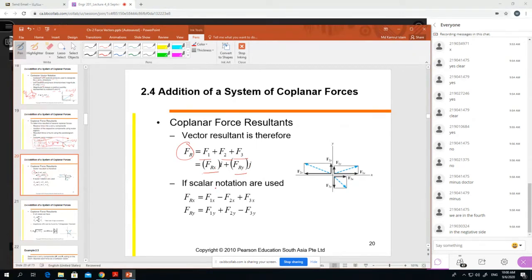If we use the scalar notation, then Rx equal to F1x, you see F1x, minus this direction F2x, plus F3x. And FRy, the vertical resultant force, is F1y in this direction, then F2y in this direction, and minus F3y. Okay, scalar notation.